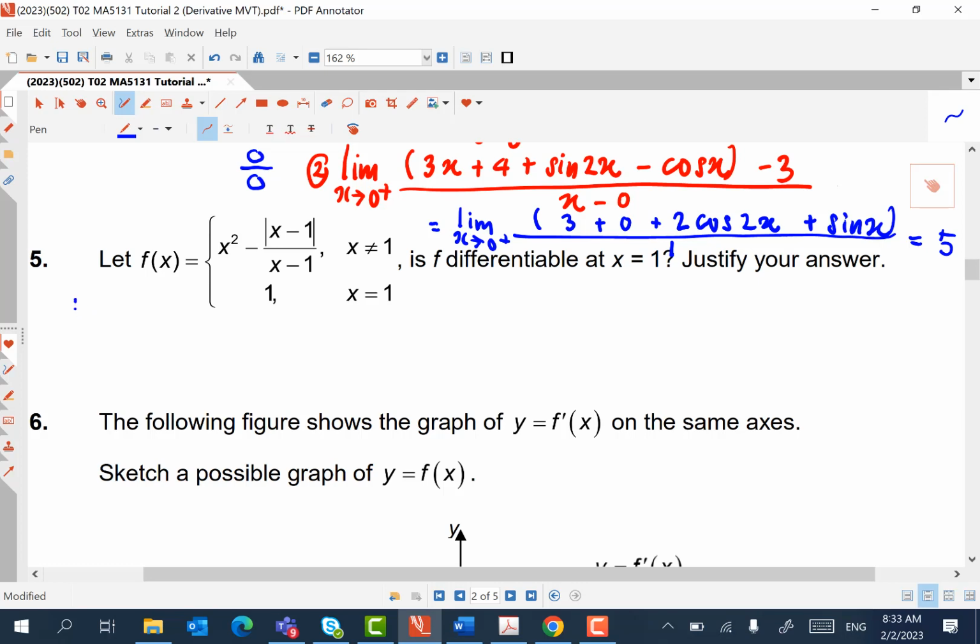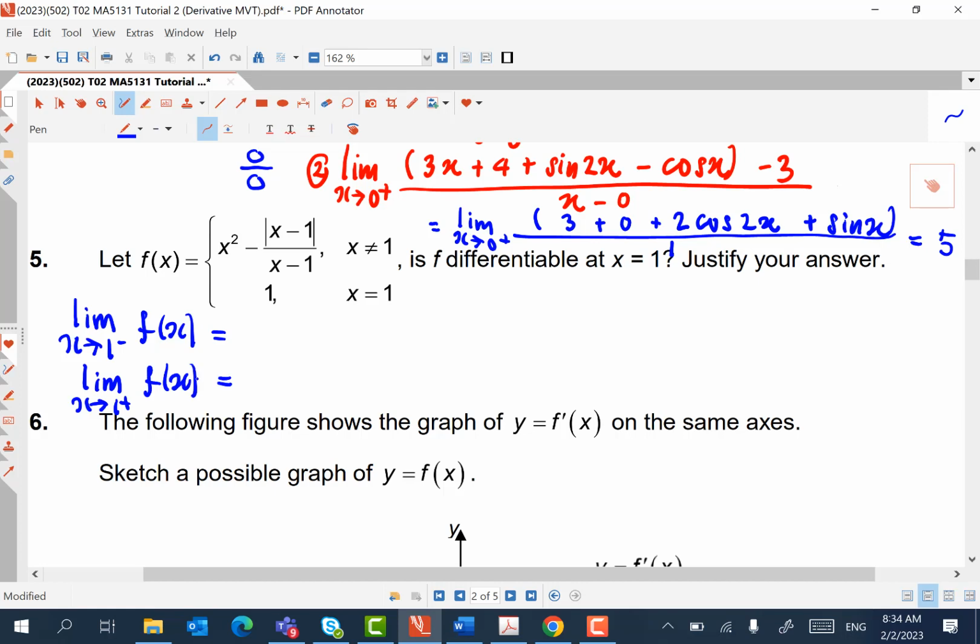Let's check the limit of the function as x approaches 1 from the left, and also the limit of the function as x approaches 1 from the right.